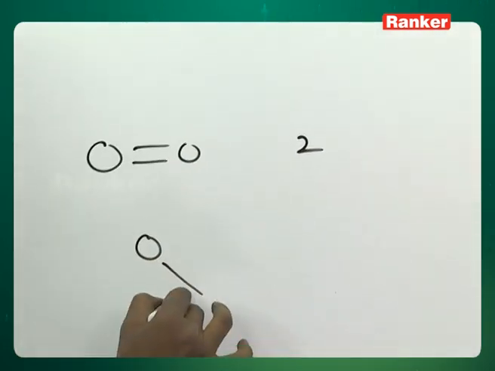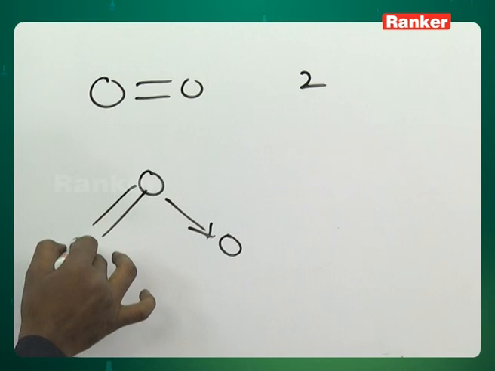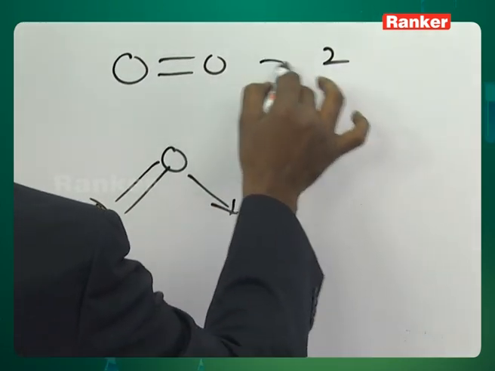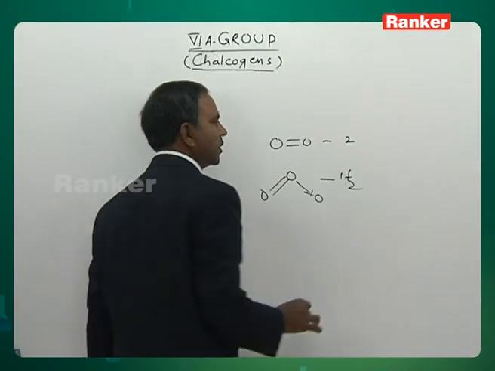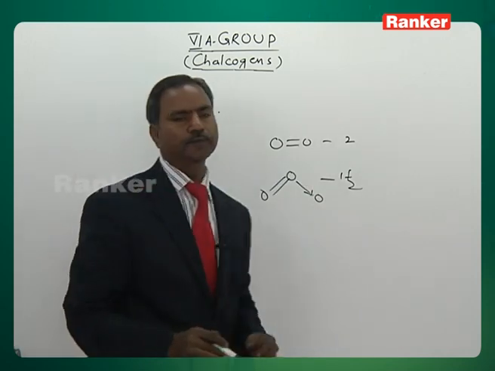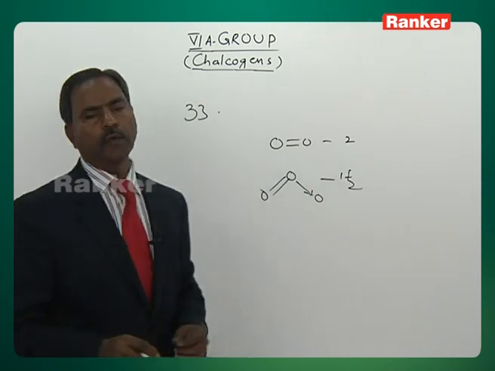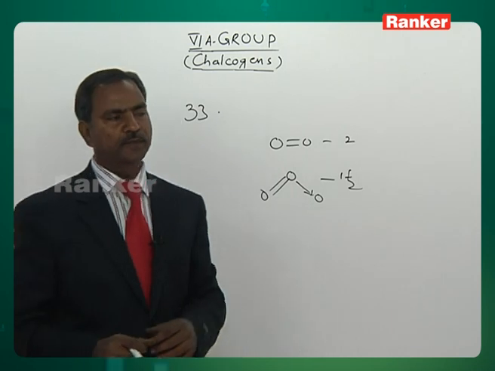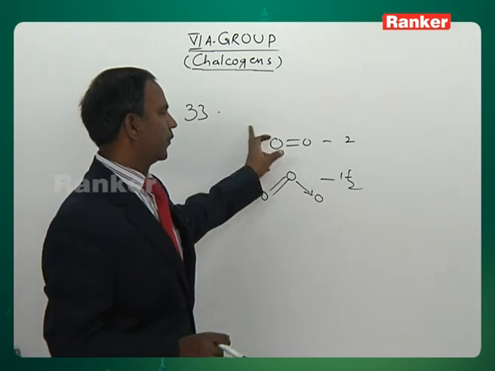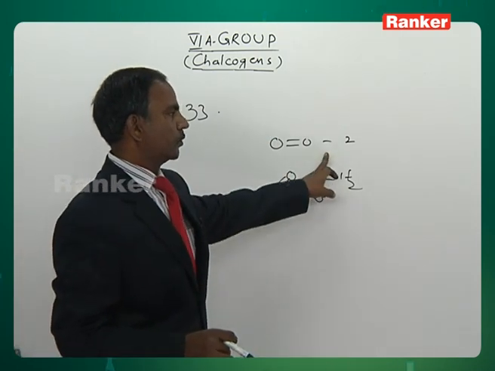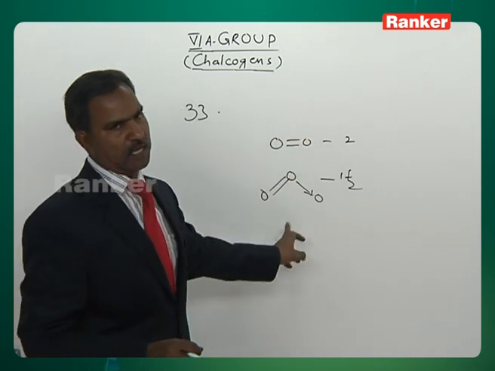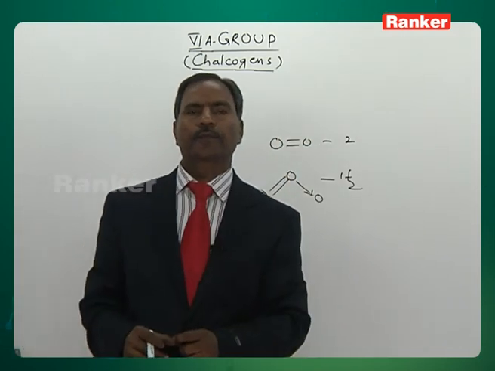But in the ozone molecule, the bond order is only 1.5. So the O-O bond length is not identical. Bond order 2 is shorter, bond order 1.5 is longer.